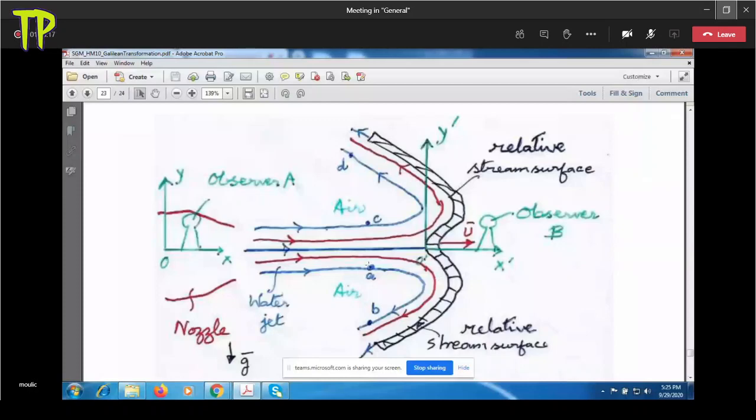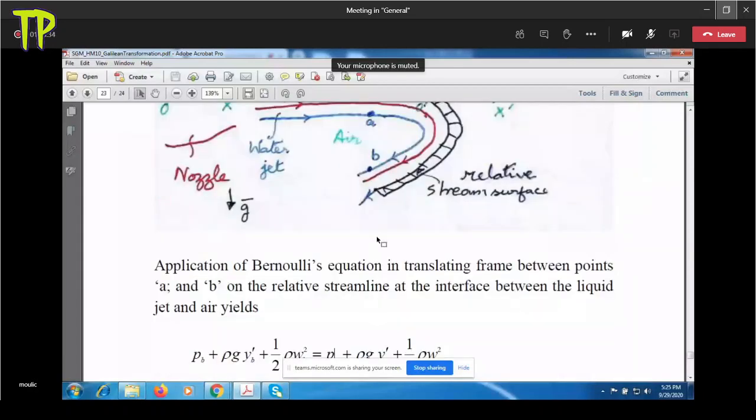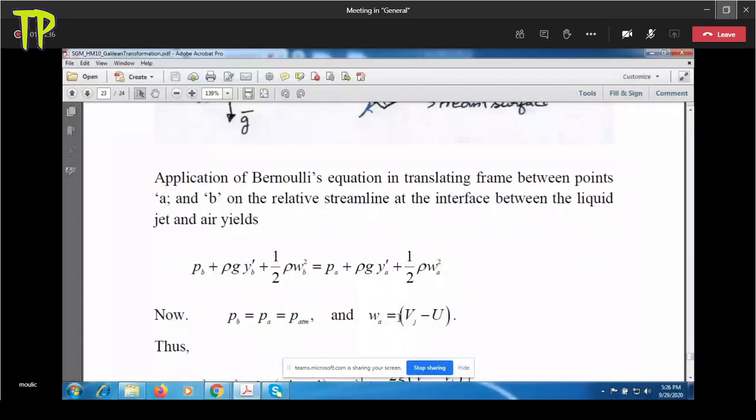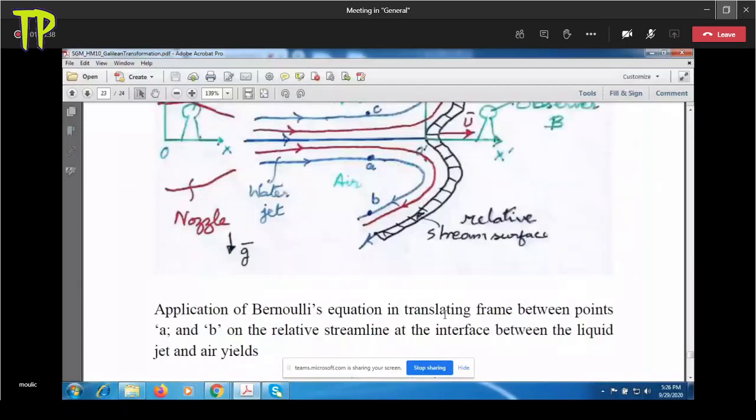This point A is close to the nozzle, and the velocity at A and C will be the same. You expect a uniform profile at this section AC. So the absolute velocity at the section CA is Vj, and the relative velocity is Vj minus U. So we know the relative velocity at point A.